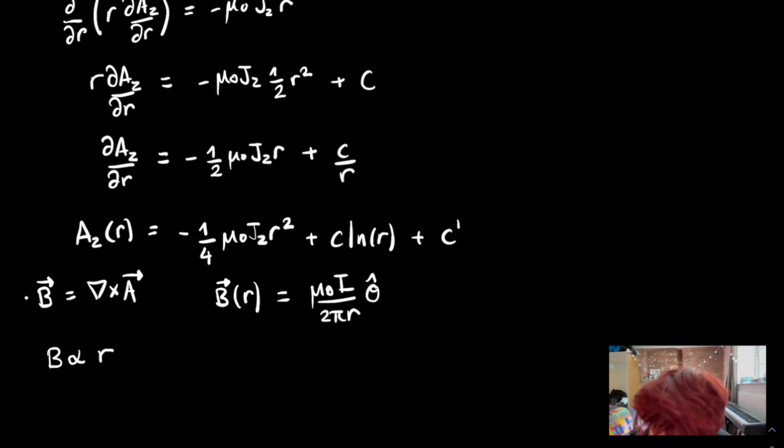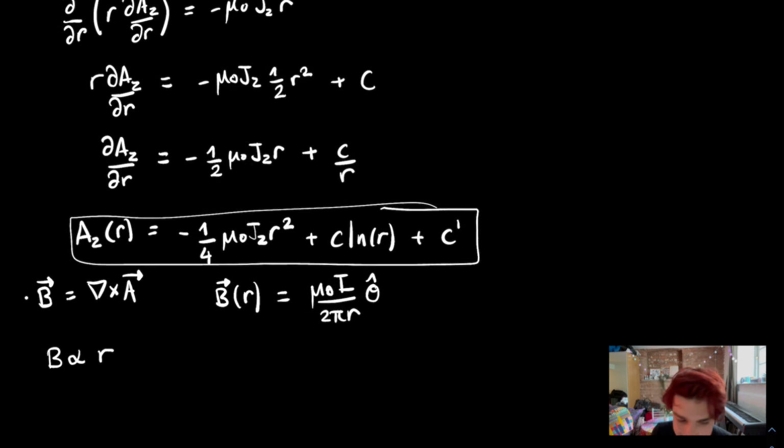And if we look at the first term of this vector potential, this is of course proportional to r squared. So when we take the derivative of A, which is what we do when we take the curl, then we will get something that's proportional to r if we're starting with something proportional to r squared. So this A vector requires a little bit of physical interpretation, because this first term is actually the magnetic vector potential inside the wire.